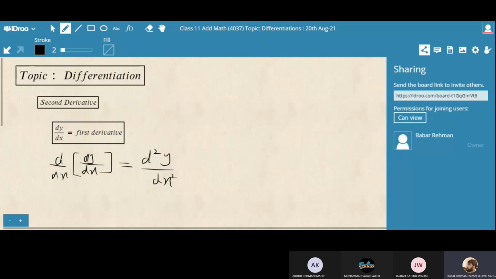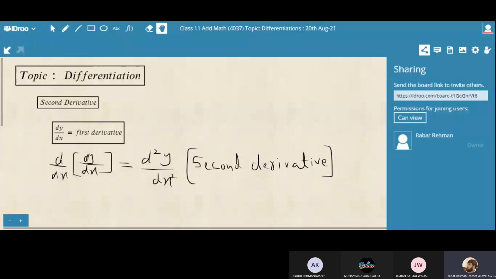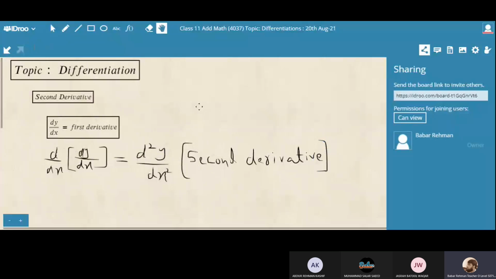Okay, now hope you understand this one. Students, this is what we call the second derivative. Write down in your notebook: this is what we call the second derivative. I hope you understand first derivative, second derivative.